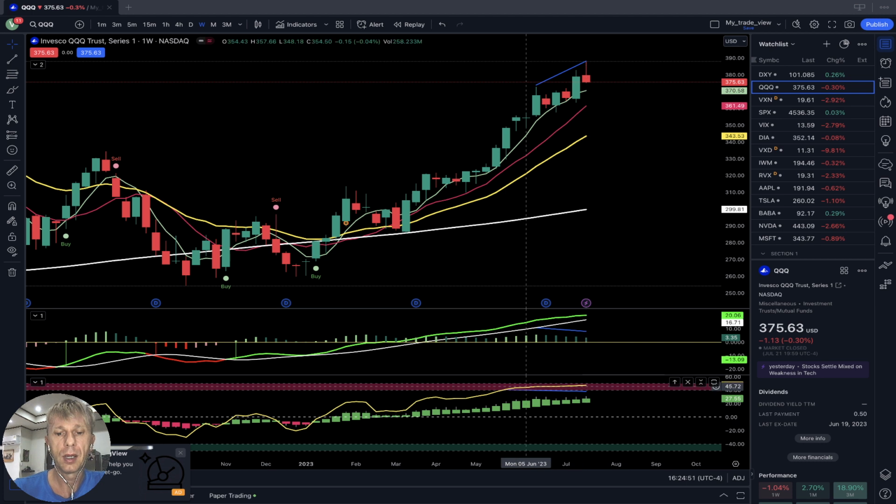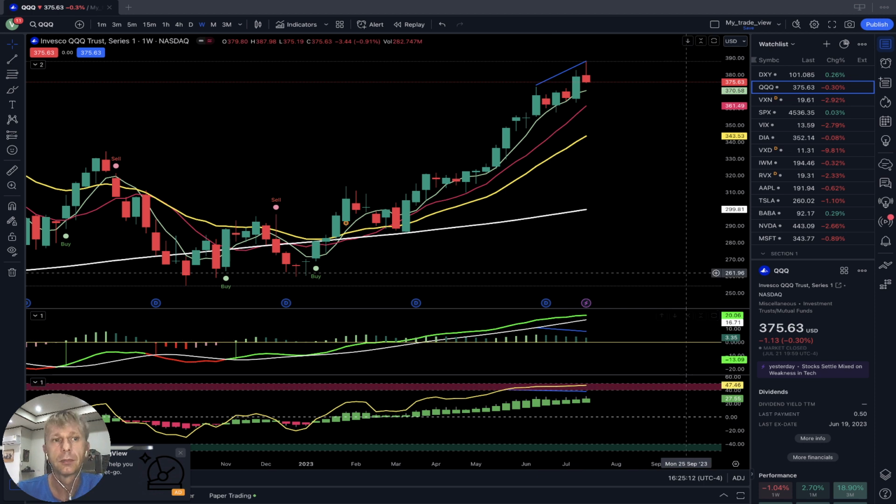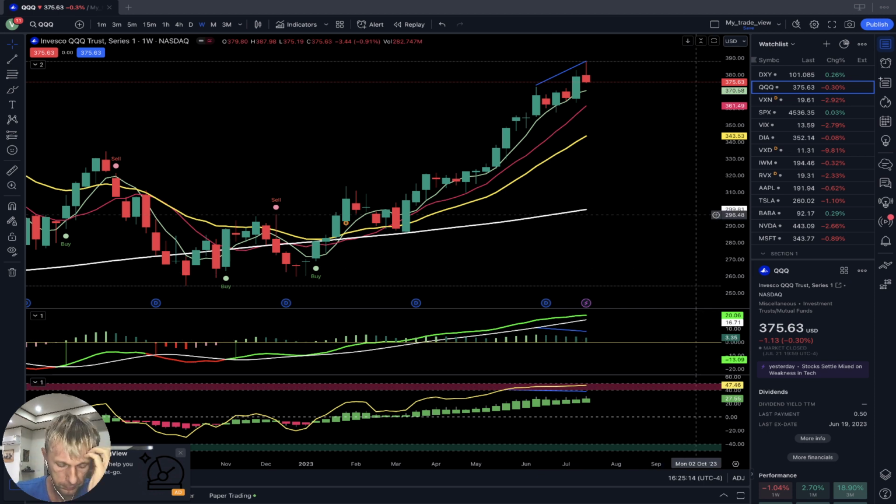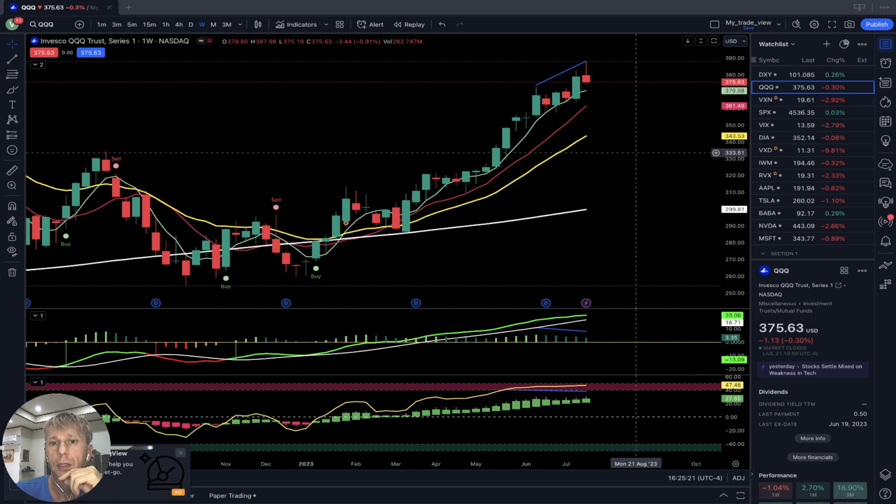It's been very overbought for the last 2 months, for the last 30 days, more than since May 15. It wants to have some correction on the weekly time frame.